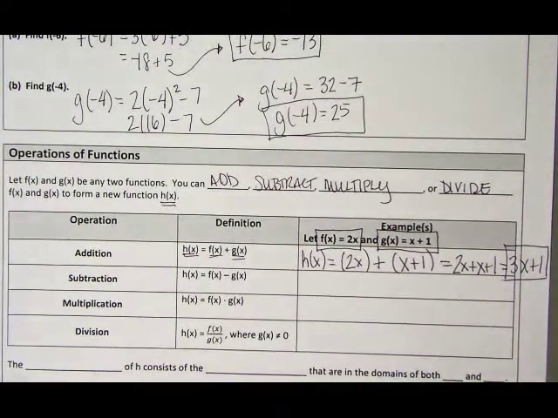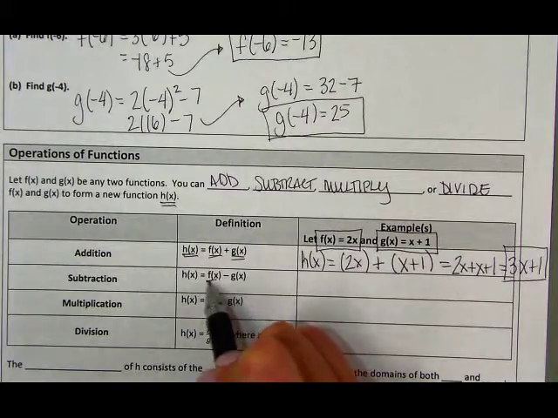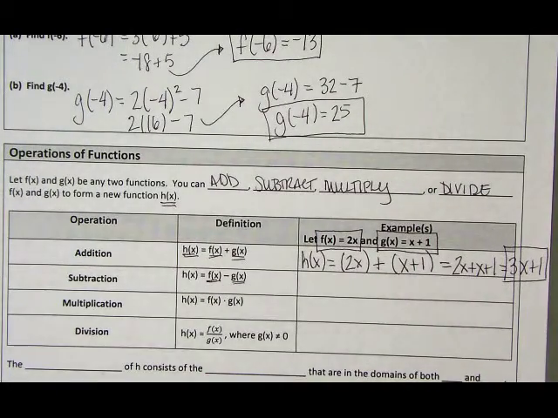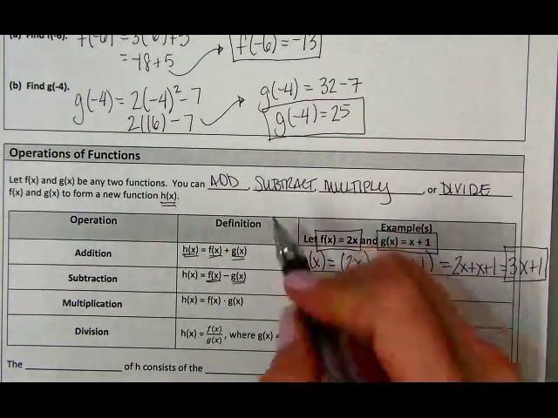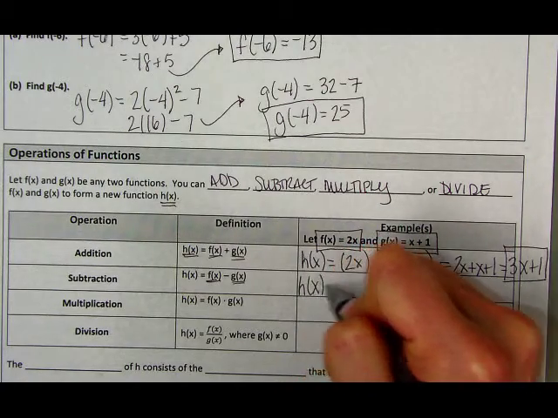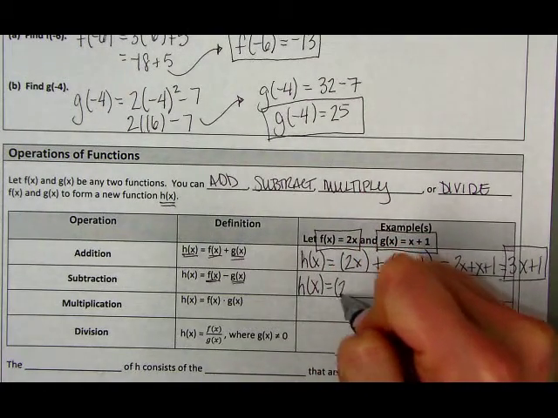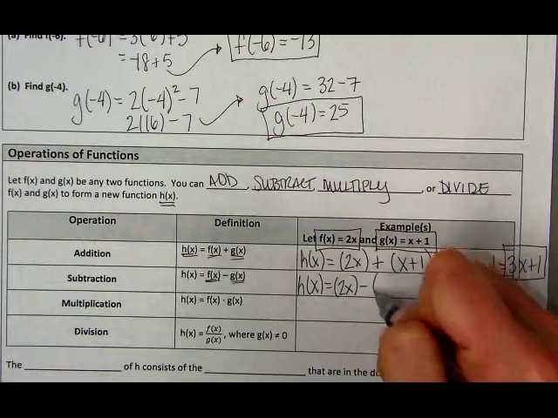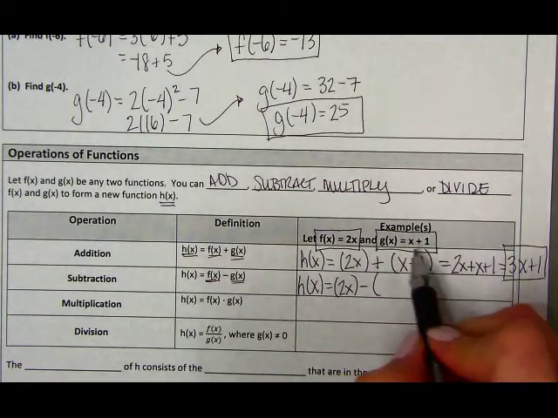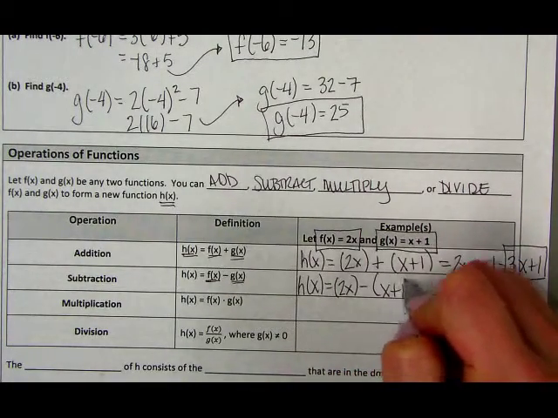For the next one, subtraction, we're going to deal with this one the exact same way we did with addition. We're going to plug in what our function is equal to for both of these parts. So in this case, h of x is equal to my first function, 2x, minus, in parentheses, my whole g of x, which is x plus 1.